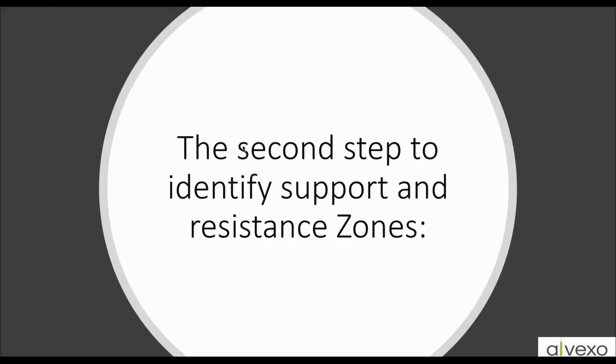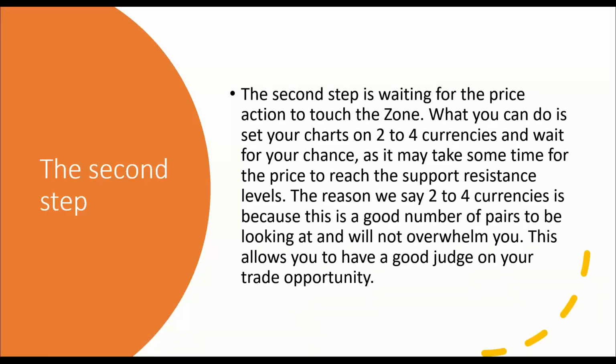Now, step 2, the second step, is waiting for the price action to touch one of those zones. What you can do is watch many charts at one time, many currencies, and wait for your chance. You can't just say, I'm going to trade this strategy today, and I'm going to look for it, and I'm going to find it.